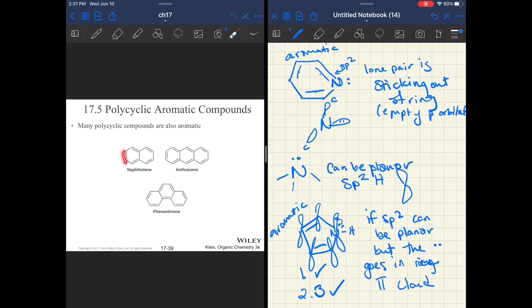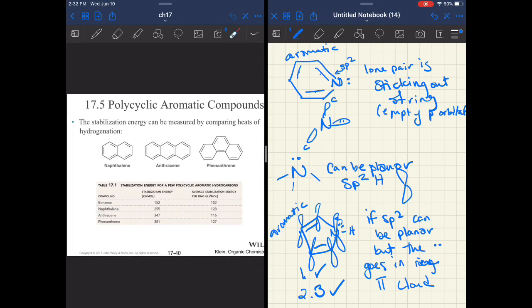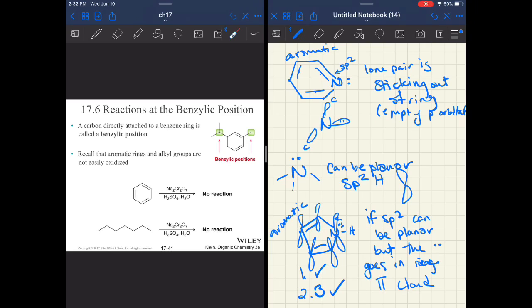As long as it's fully conjugated all the way around, rule 1 is good. And then count up the pairs. 1, 2, 3, 4, 5. That would be aromatic. 1, 2, 3, 4, 5, 6, 7. That would be aromatic. It's another 7. All 3 of these are aromatic. We're not going to worry anything beyond that. In the last video, we will talk about a reaction or two at the benzylic position.